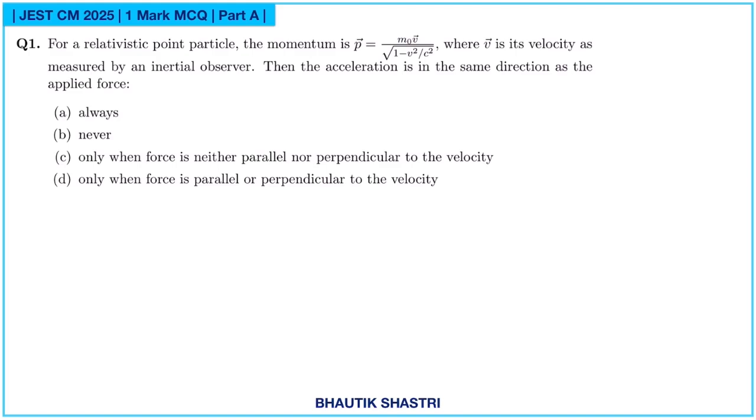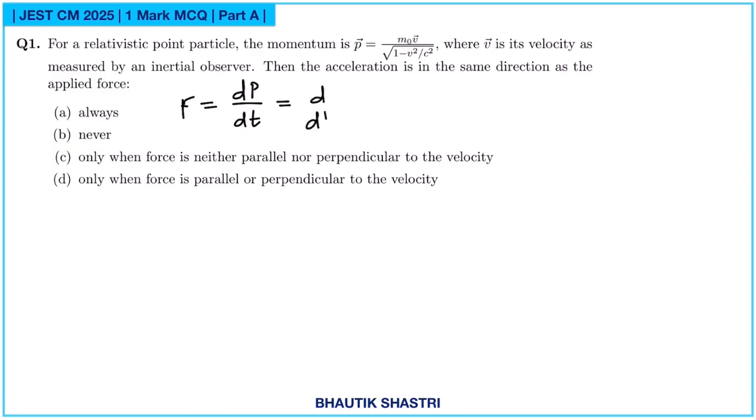Question number 1. For a relativistic point particle, the momentum p, where v is its velocity as measured by an inertial observer, then the acceleration is in the same direction as the applied force. Now force F is equal to dp by dt. Let's write 1 upon under root 1 minus v square by c square as gamma.